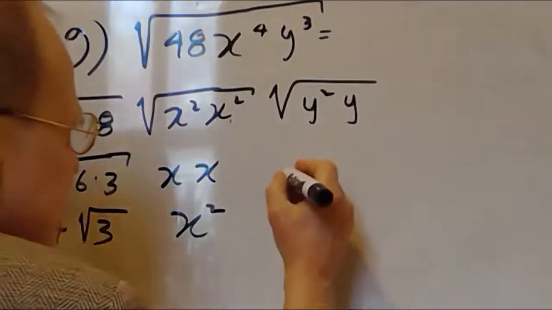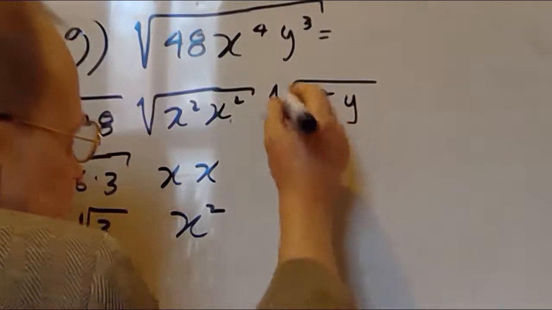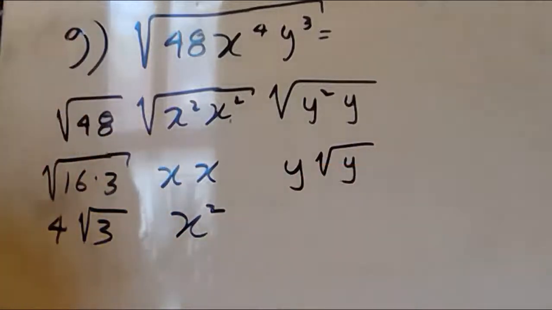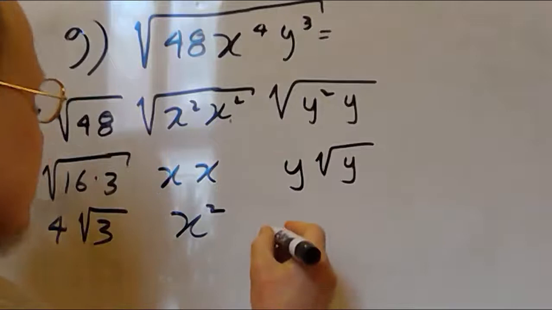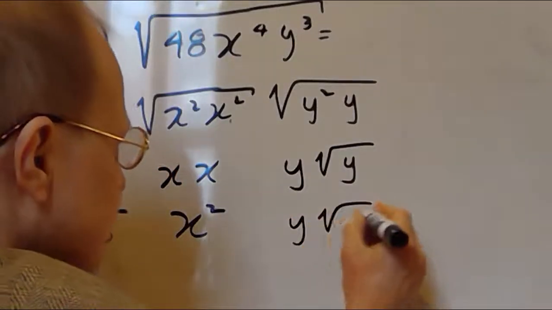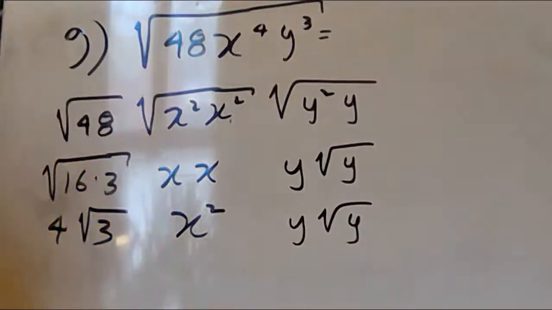And here we can take one of them out of the radical sign because of the square, but the other one is left inside the radical sign. So that means this is going to be y. I'll just rewrite it for clarity.